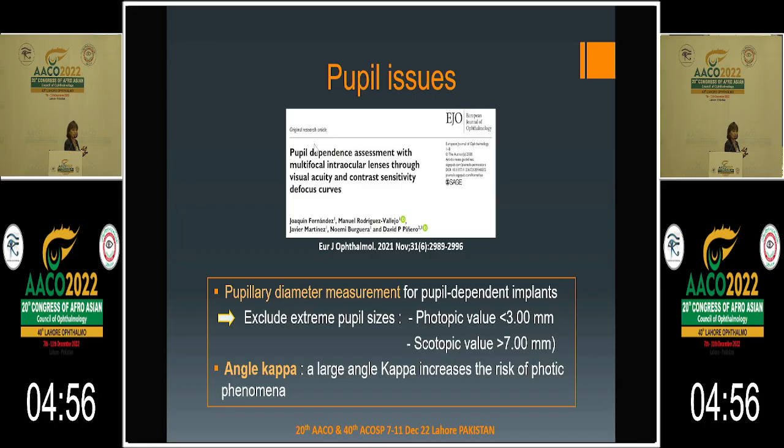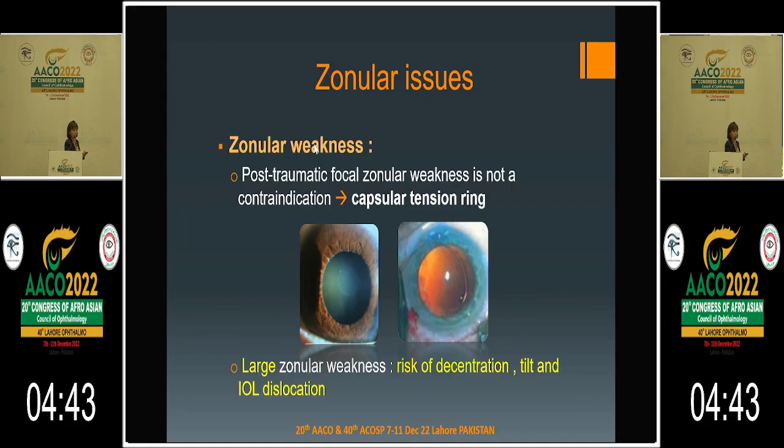Also, patients who have a large angle kappa we have to exclude because of the risk of increased photic phenomena. In case of focal zonular weakness, we can put a capsular tension ring, but if we have large zonular weakness, please avoid putting this type of implant because there is a risk of decentration, tilt, and IOL dislocation.